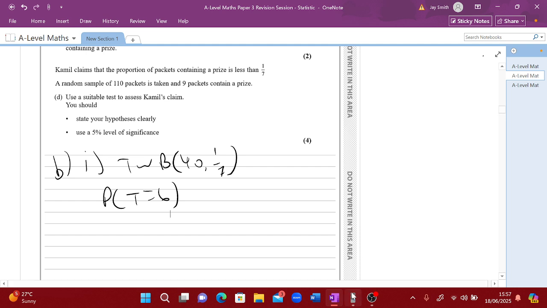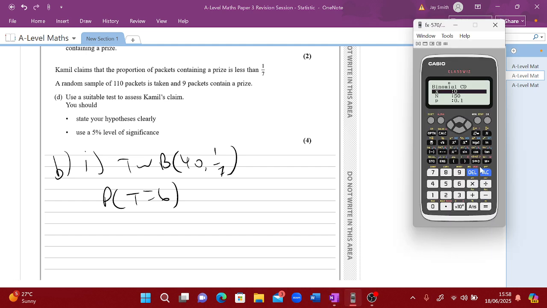And that is going to be on your calculator. So now we can start using the calculator. Let's go to menu 7. You want the binomial PD because that will give you the exact probability of a fixed number. So T equals 6. You have a probability of binomial being equal to something, not less than or equal or greater than. You want PD.